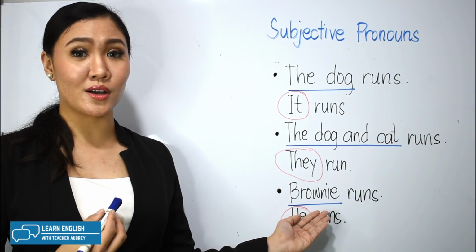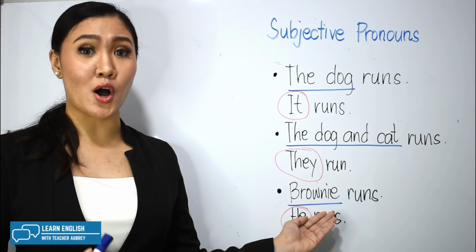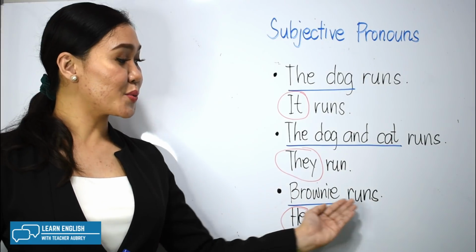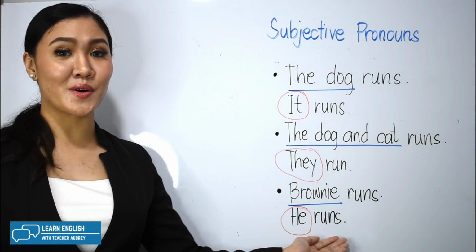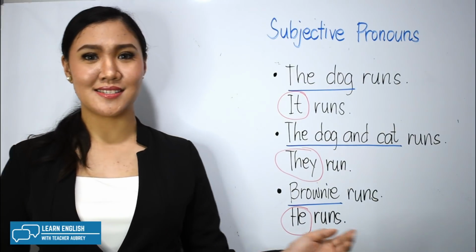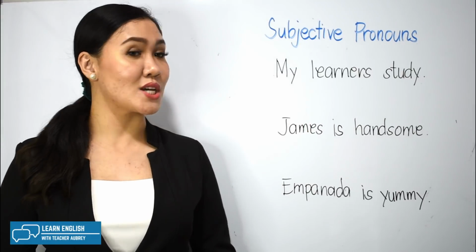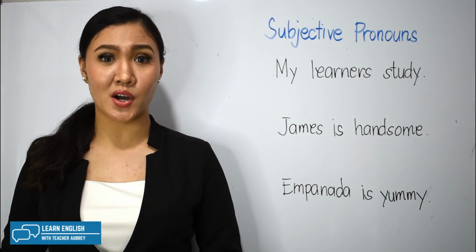Brownie is my dog, which is a male dog. So I'm going to substitute Brownie with he. Brownie runs becomes he runs. He runs.